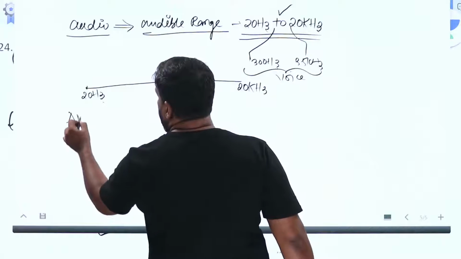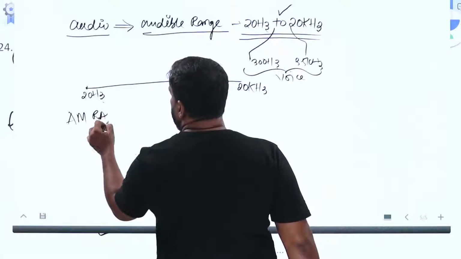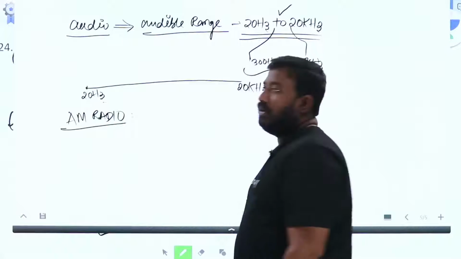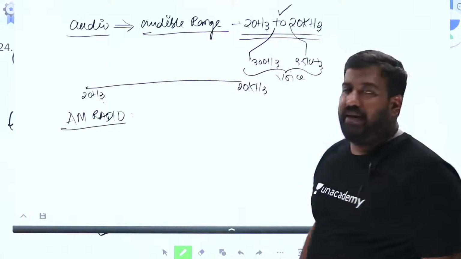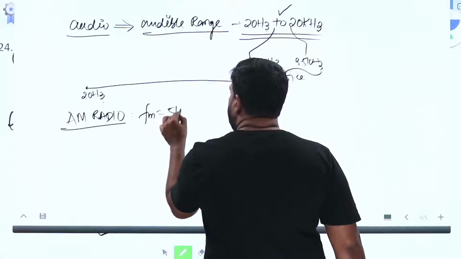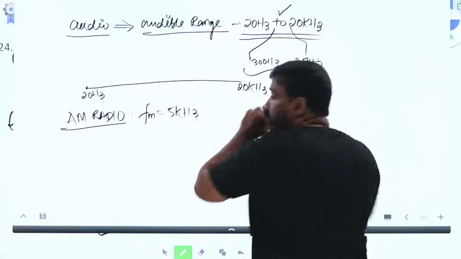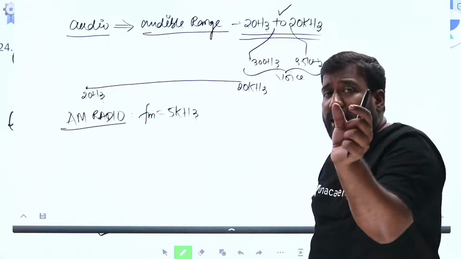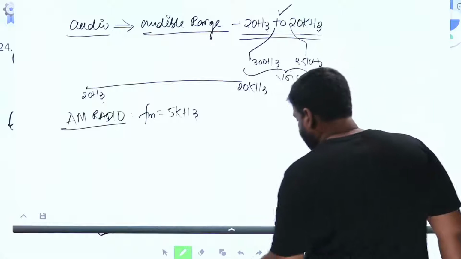Go for AM radio. In AM radio, the highest modulating frequency, fm, is only 5 kilohertz. Out of all the audible range, 20 Hz to 20 kilohertz, AM radio will utilize only up to 5 kilohertz.